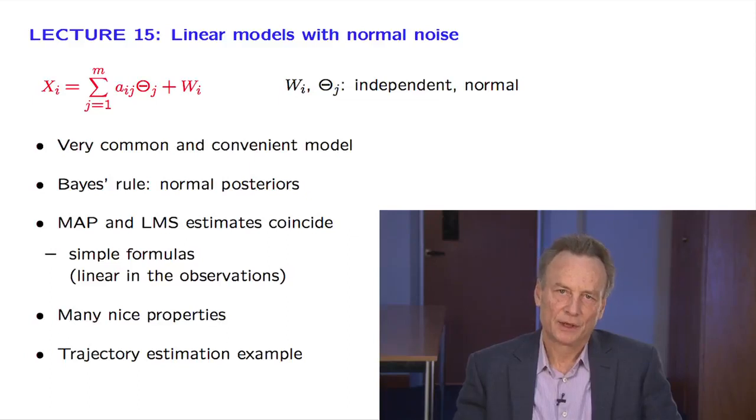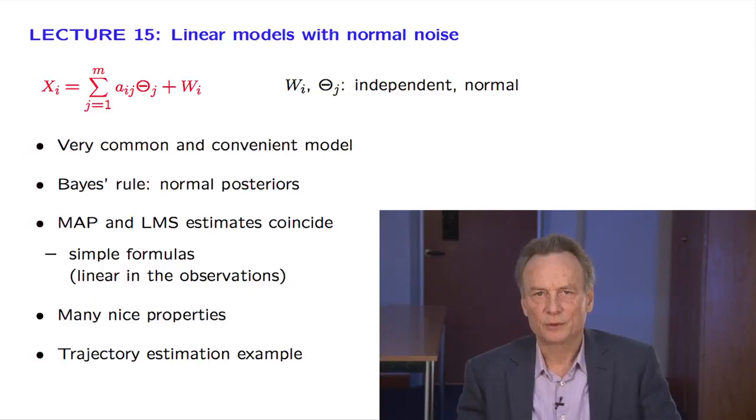In particular, since linear functions of independent normal random variables are normal, the observations are themselves normal as well. This is probably the most commonly used type of model in all of inference and statistics. This is because it is a reasonable approximation in many situations. Also, it has a very clean analytical structure and a very simple solution.